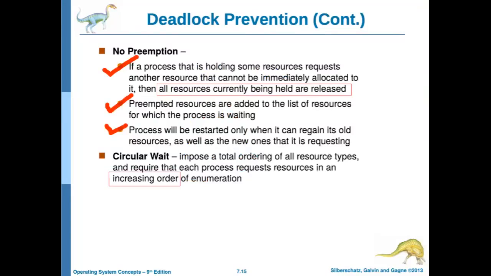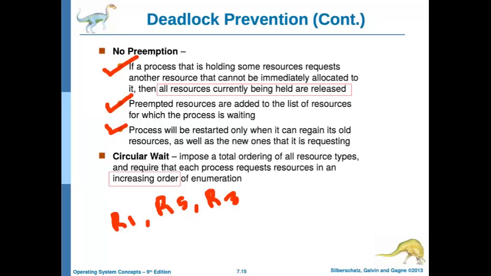If I need resource 1, then resource 5, and say resource 3, then such a process must request the resources in increasing order. That means first it should ask for R1, then R3, and then R5.